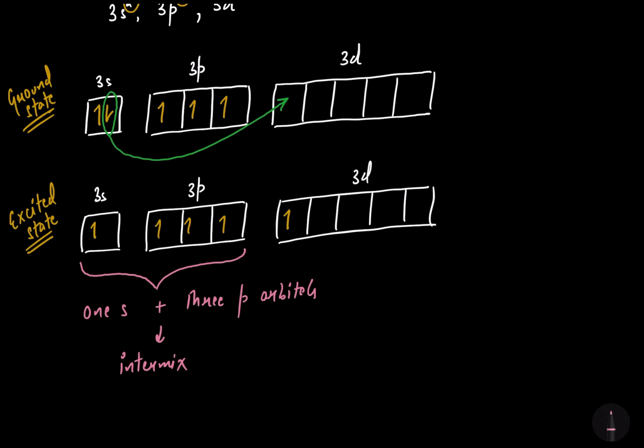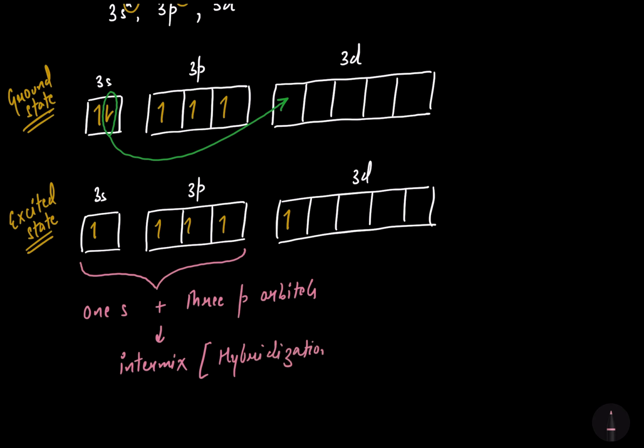So 1s and 3p orbitals will intermix, so that we will get the 4 hybrid orbitals, and those 4 hybrid orbitals will form the 4 sigma bonds. Hybridization or hybrid orbitals does not form the pi bonds. So here we got the 1s and 3p intermixing. The intermixing of atomic orbitals, the 1s and 3p, is called hybridization.